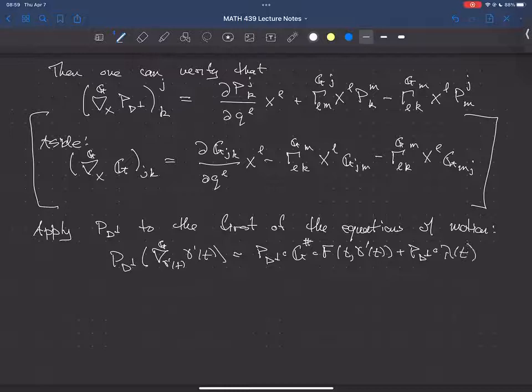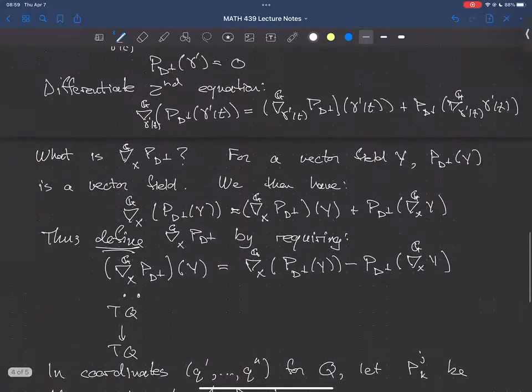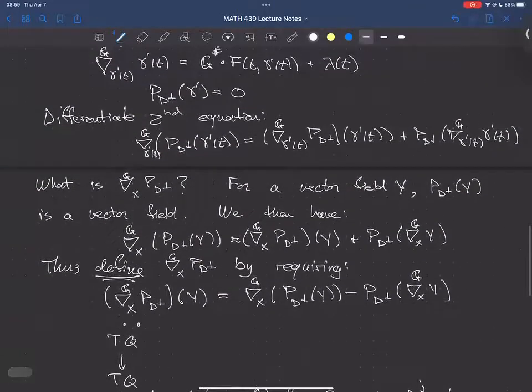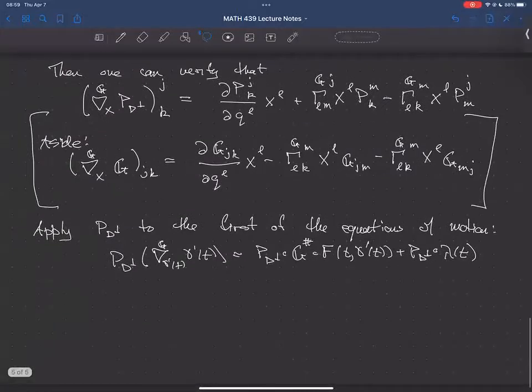That's just PD perp applied to the first equation of motion, and I'm going to now just transcribe this thing down here.